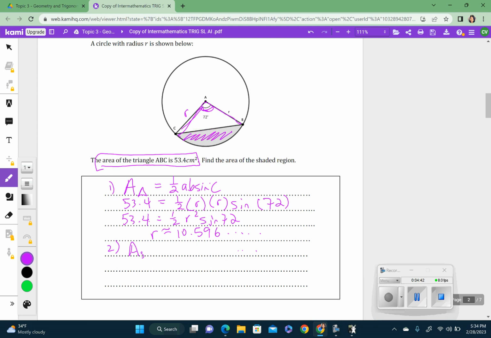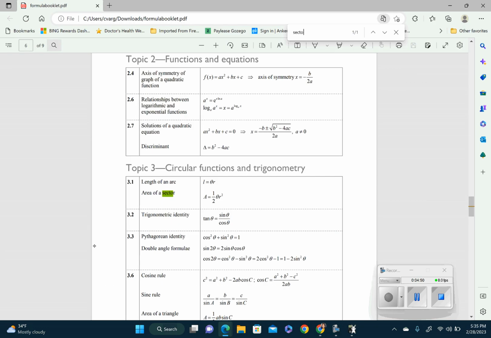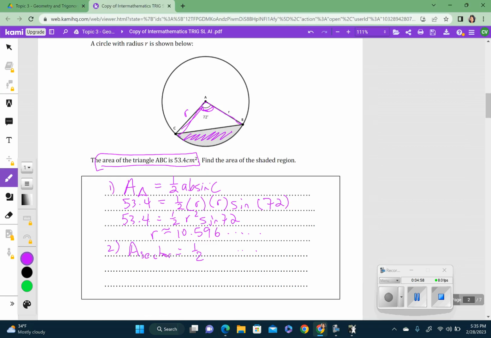Area of a sector is 1/2 theta r squared. To figure out how much this shaded portion is, I'm going to find the area of the sector, take that number and subtract the area of the triangle from it, which is 53.4, and that's going to give me the area of the shaded region.